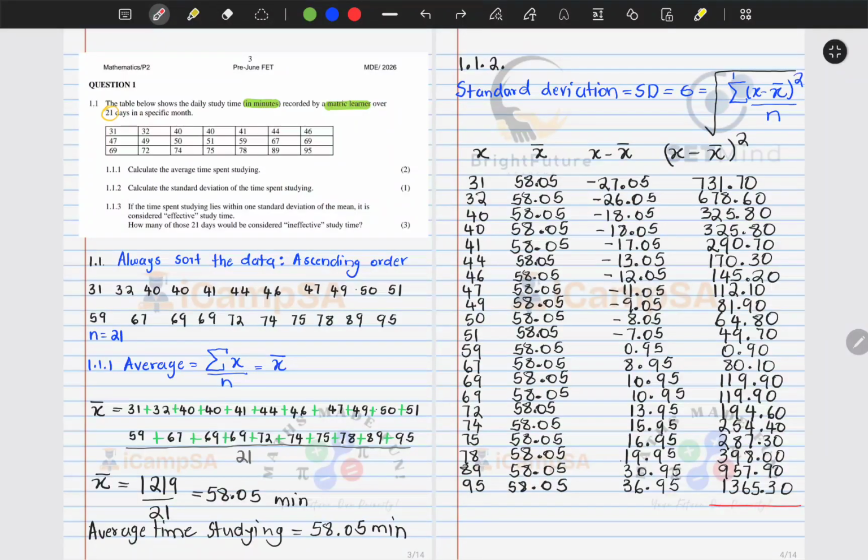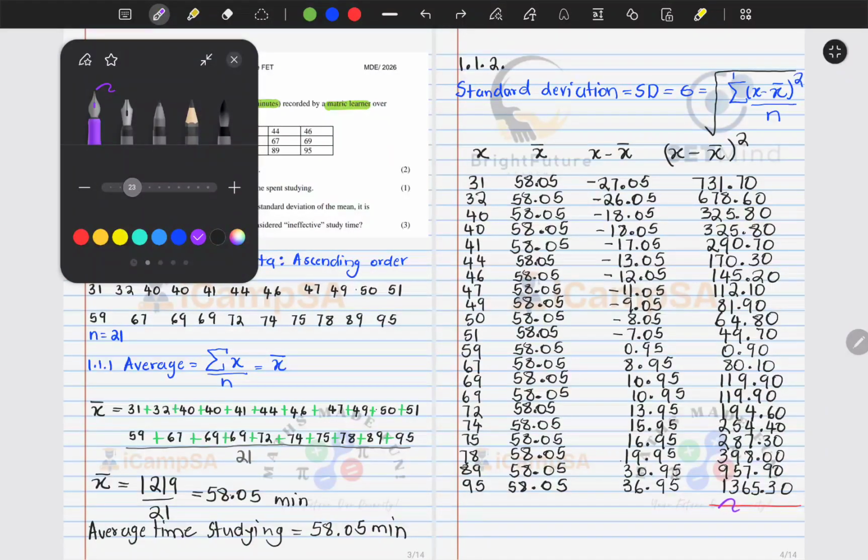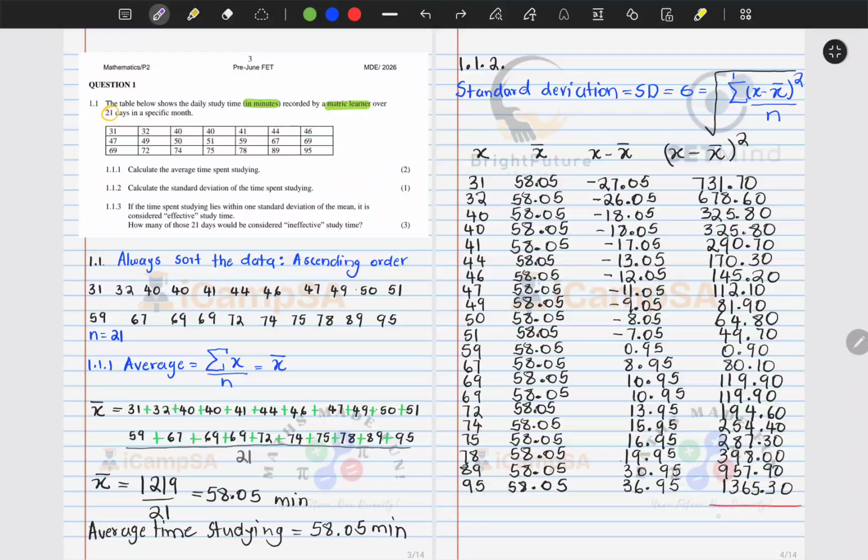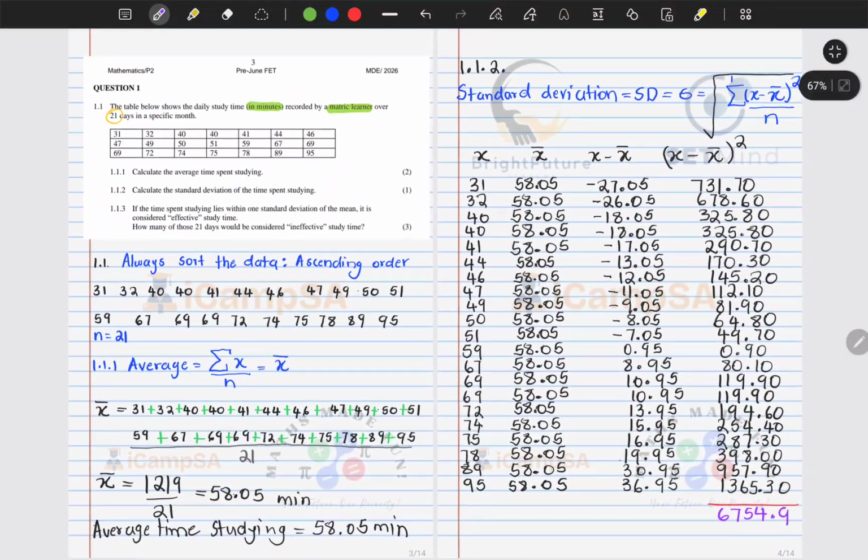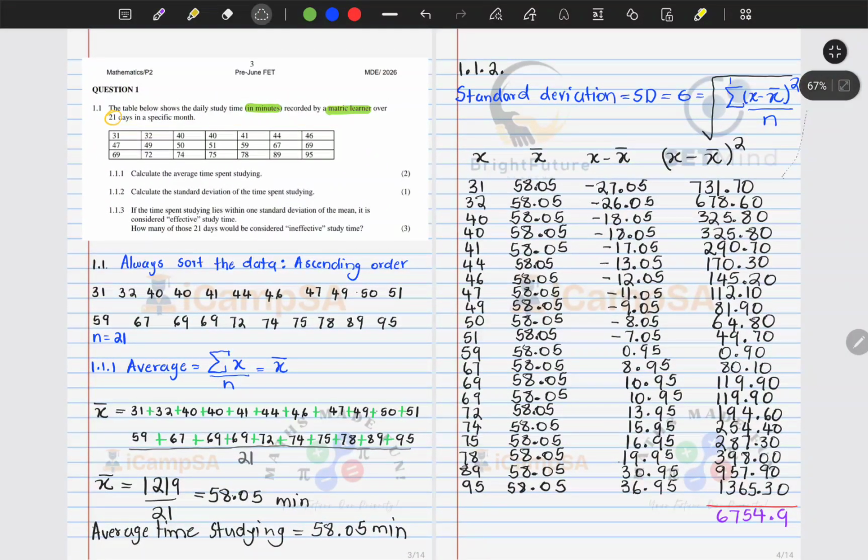The answer that I end up getting when I do the summation here is 6754.9. Okay, so what this means is we can now quickly put in the n and find the standard deviation.